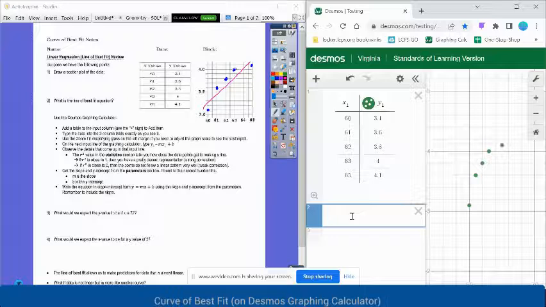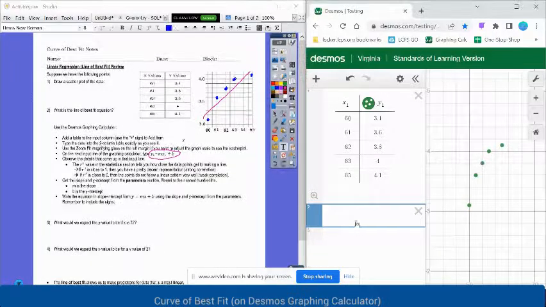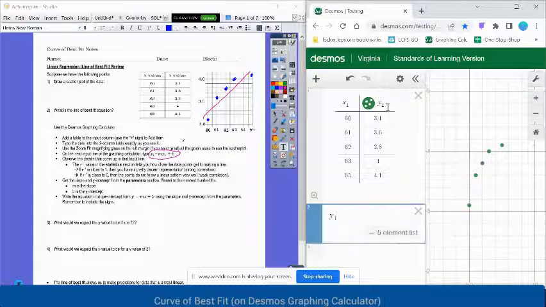So we're going to go down to the next input line on our calculator and get it to write the best fit equation for us. The formula that we're going to use is right here in the directions. In our next input line, we're going to put in y1 ~ mx1 + b. So it's very similar to y = mx + b, but the difference is that instead of y, I type y1 because that's the header on my table.